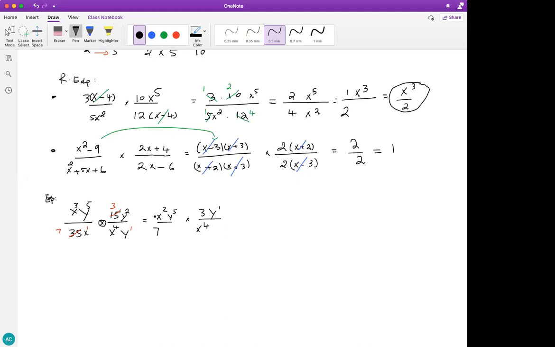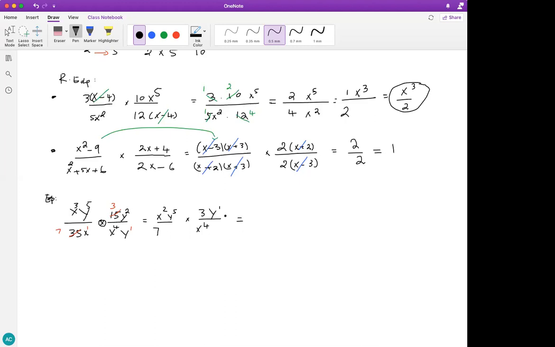I believe now we've simplified as much as possible. Let's go ahead and multiply what's left and see if we can simplify a little more. So let's multiply straight across. Even though you can still reduce the x and x here, you can do it right now if you want, or you could multiply and cancel them out.